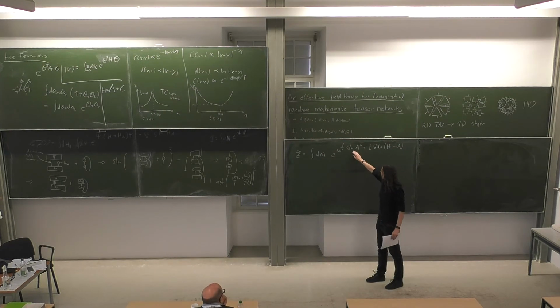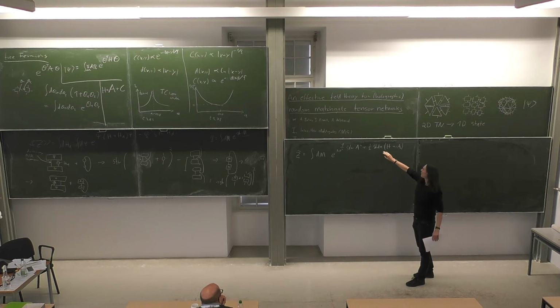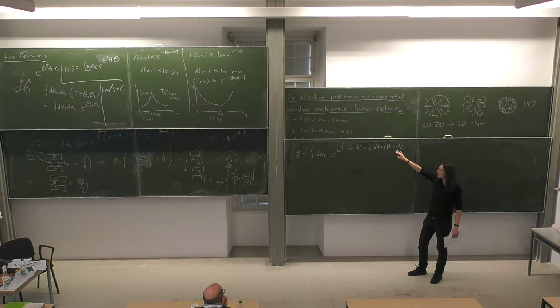So this is the action of our effective theory. This is just a Gaussian weight, so it's not that important. But this trace log term here essentially contains all the information of the structure of our theory.